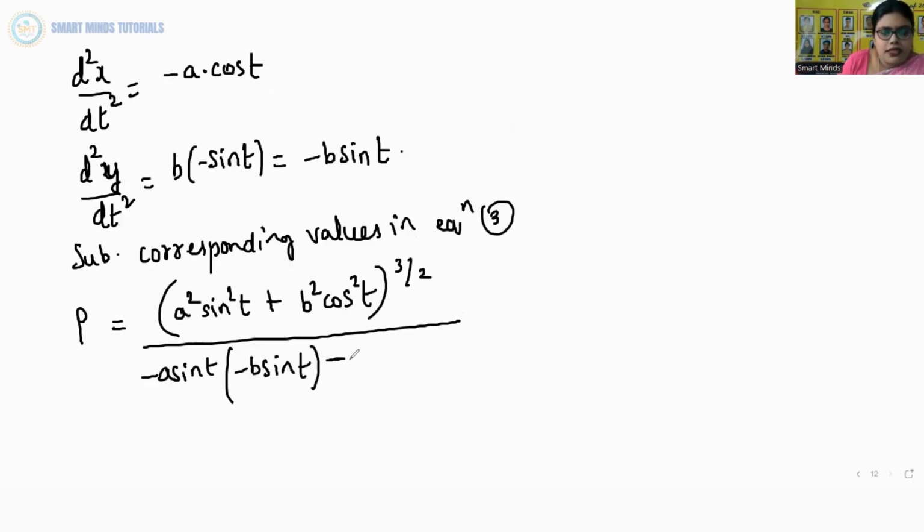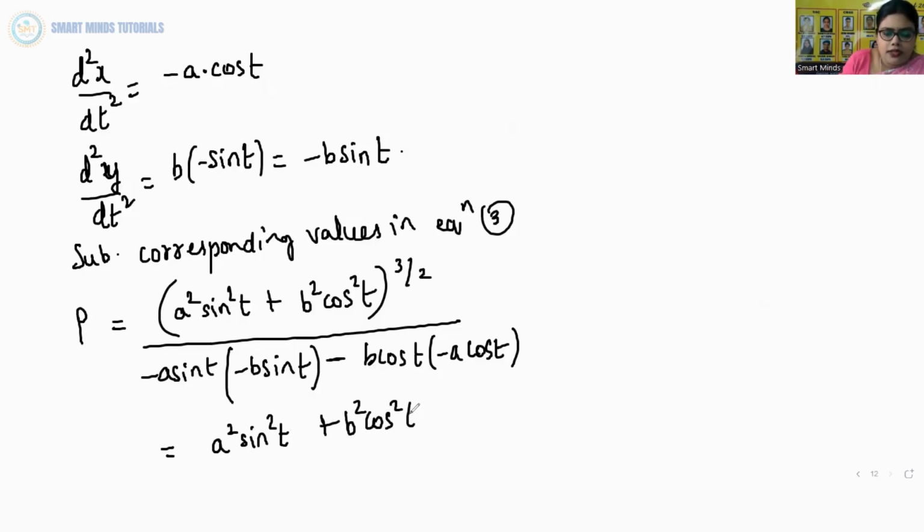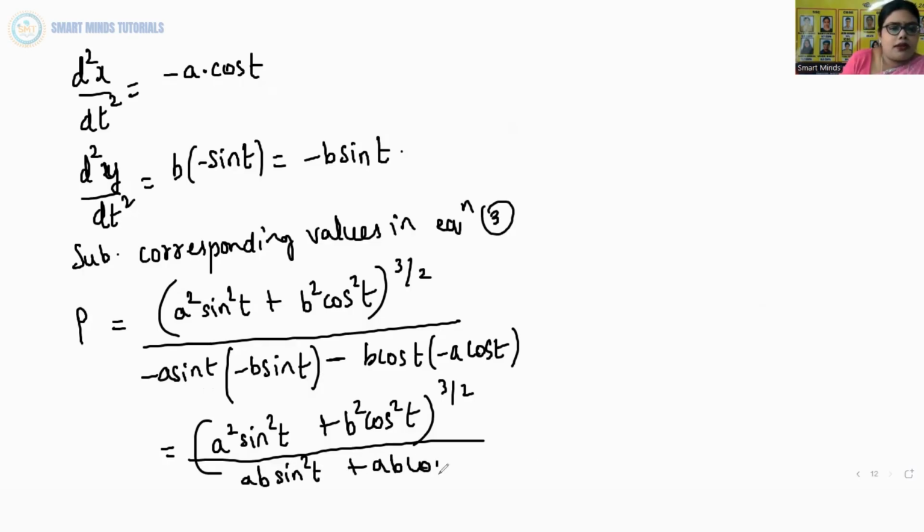Now minus dy by dt, which is b cos t, and you have in the formula d square x by dt square, minus a cos t. So that is (a square sin square t plus b square cos square t) whole power 3 by 2 by, if you multiply these two, you get ab sin square t plus ab cos square t.